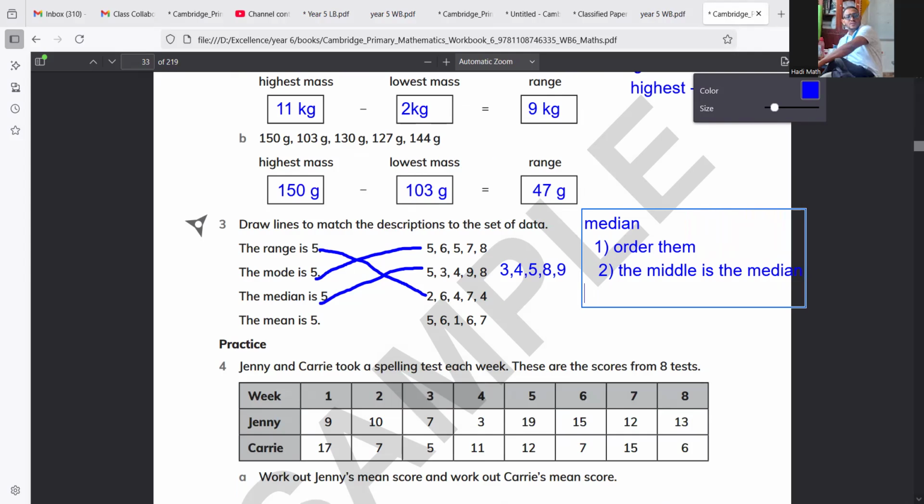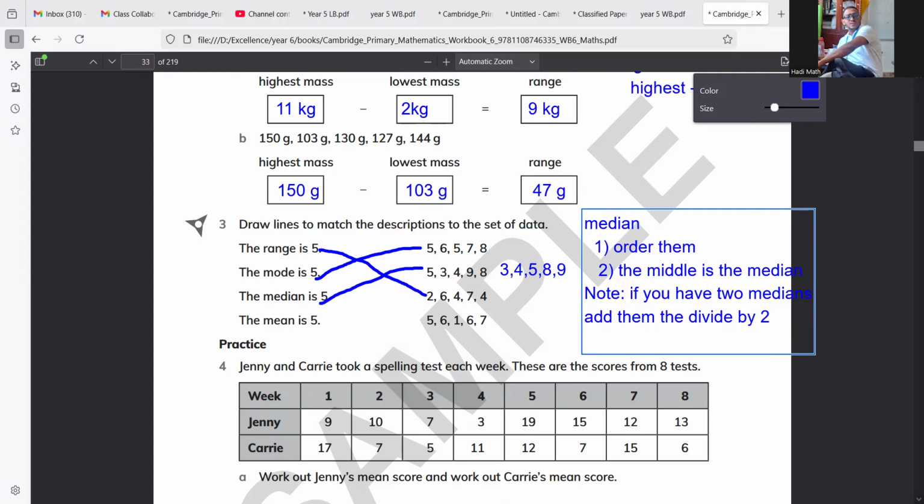Note, and this is a very important note. Look at this note. If you have 2 medians, add them, then divide by 2 to find your final median.